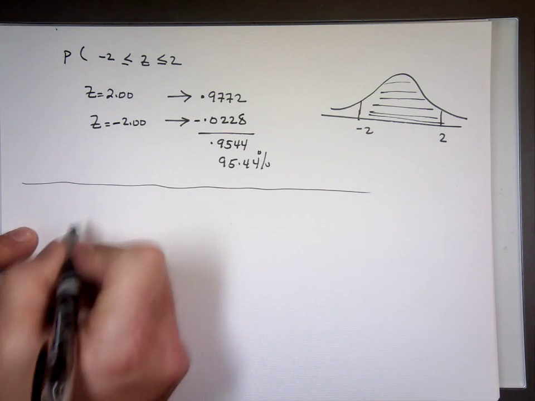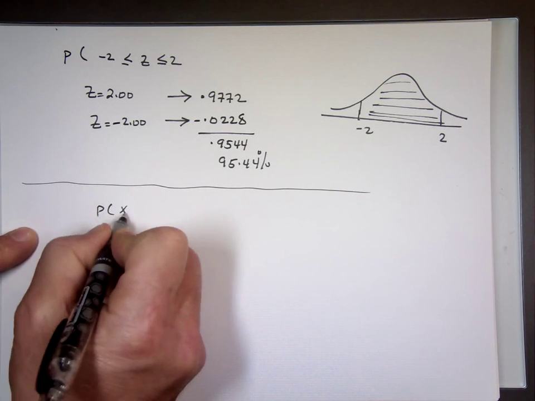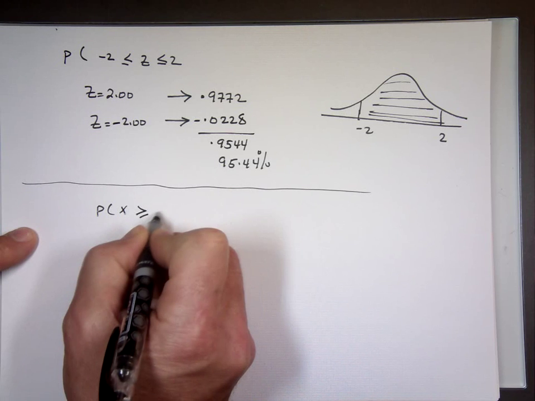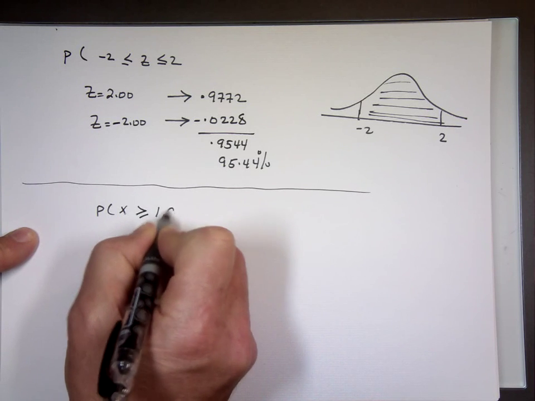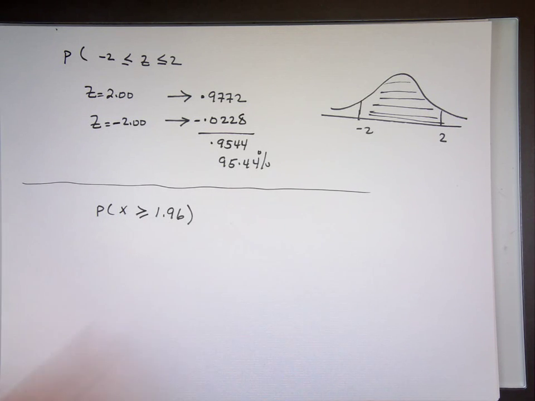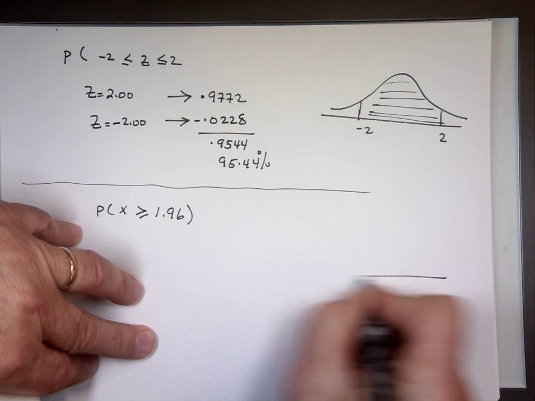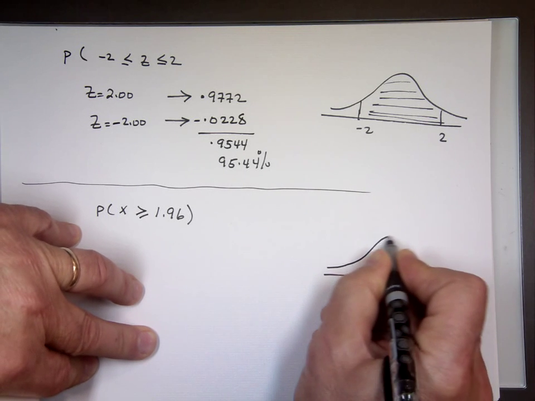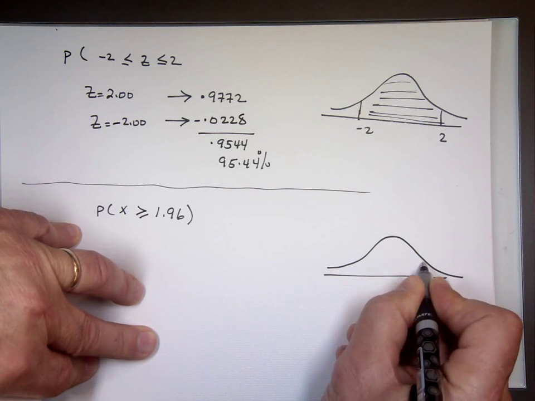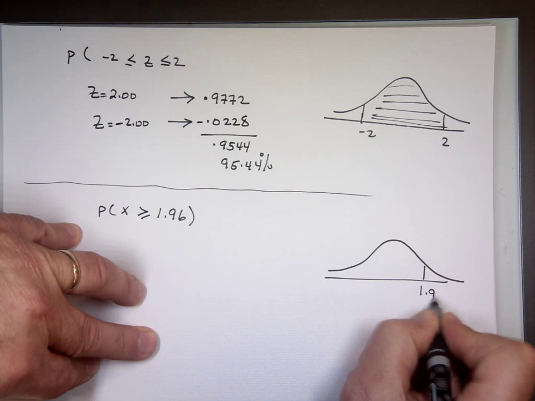Can you tell me what is the area to the right of 1.96? Again, I have 2 options. Scott gave me one option early, and I gave you that option. 1.96, and I'm looking to the right.